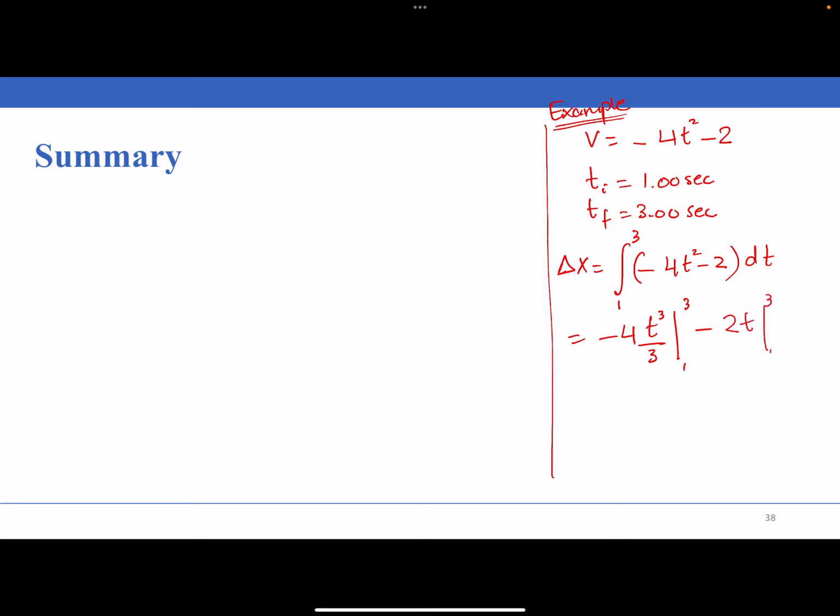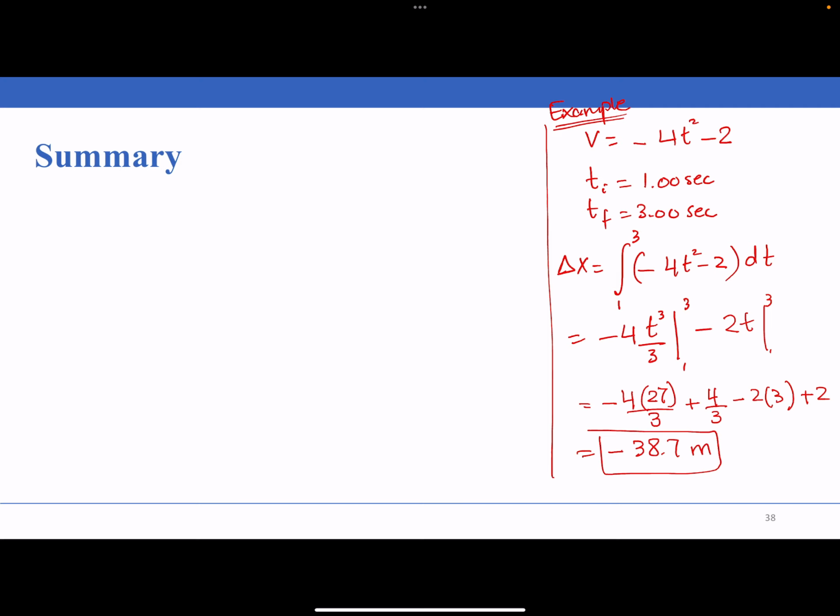Again, apply the limits. Negative 4 times 27 over 3 minus, that will become plus, 4 over 3, minus 2 times 3 plus 2. Put all of that together, the answer comes out to be negative 38.7 meters. So knowing the velocity function, you can determine how much distance was covered by the object.